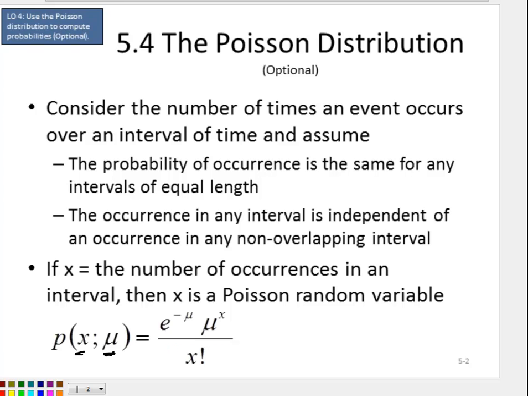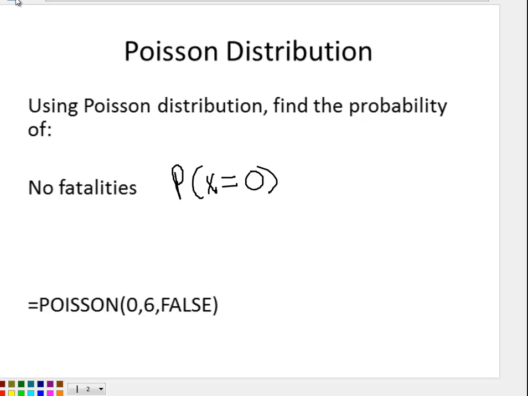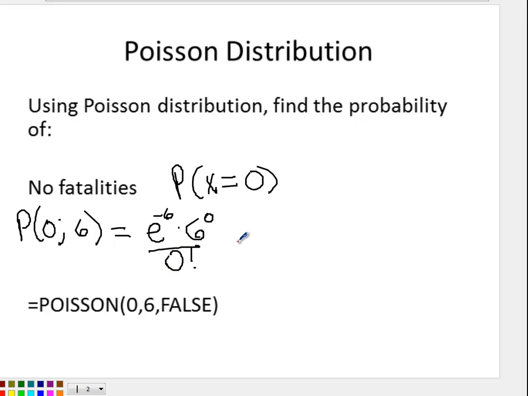So let me rewrite it so it'll make sense. This is what we're trying to find out. And I'm going to plug everything back into the formula. So this will be e to the negative 6 times 6 to the 0 power all over 0 factorial.